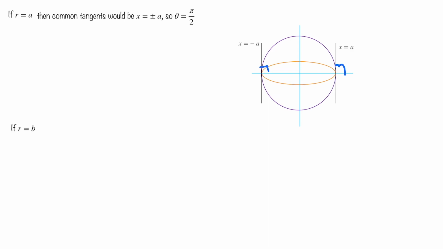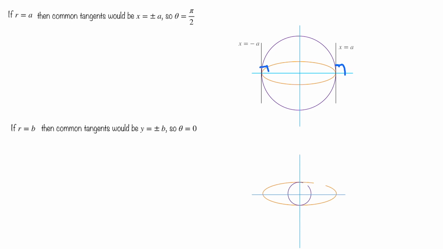If r equal to b, then the common tangents would be two horizontal lines, y equal to b and y equal to minus b. So this is one common tangent, this is another common tangent, both are horizontal lines. So the angle these horizontal lines make with the x-axis would be 0. So if r equal to a, the angle theta is going to be pi by 2. If r equal to b, theta is going to be 0.